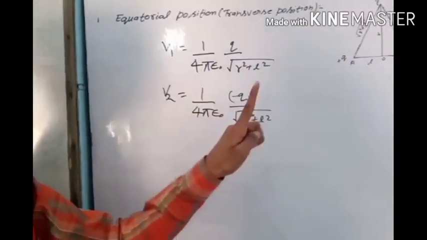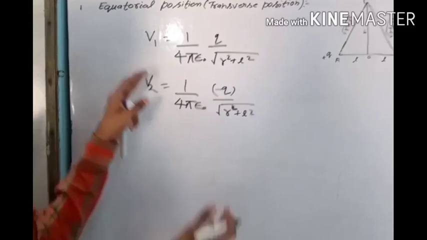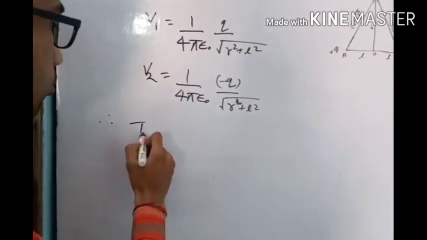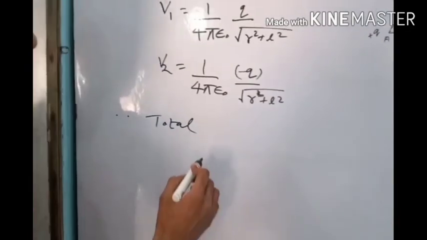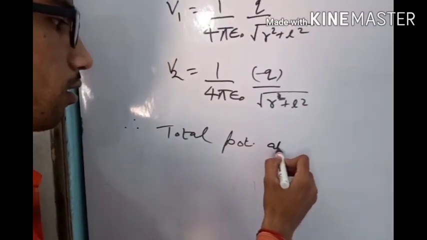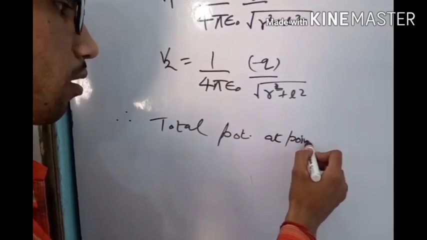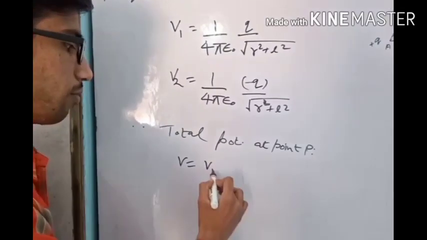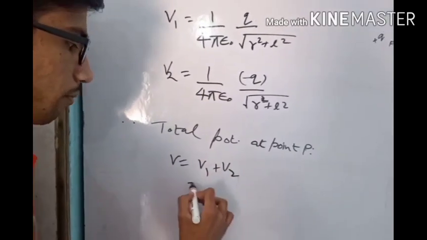The total potential is simply the sum of all these potentials. Therefore the total potential at point P is V equal to V1 plus V2.